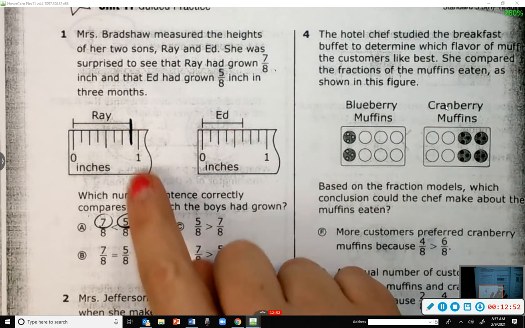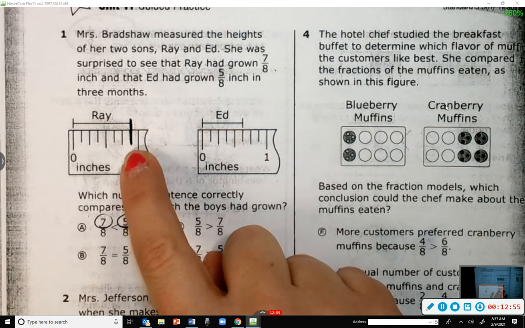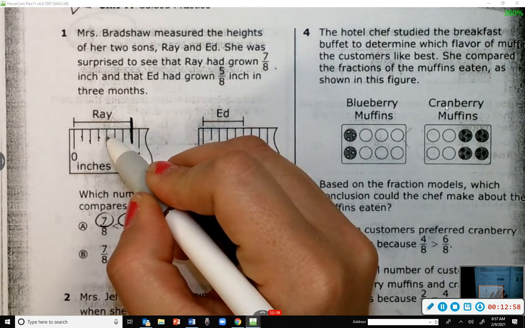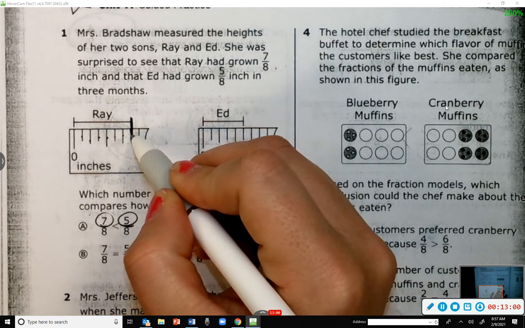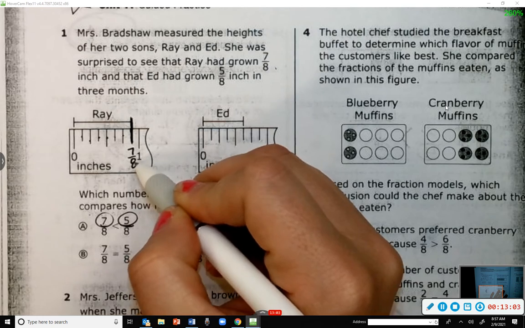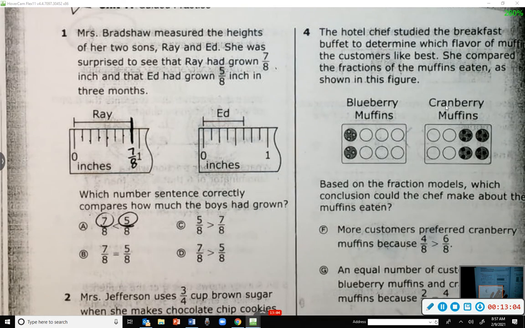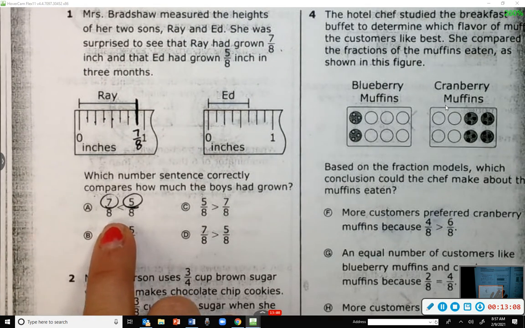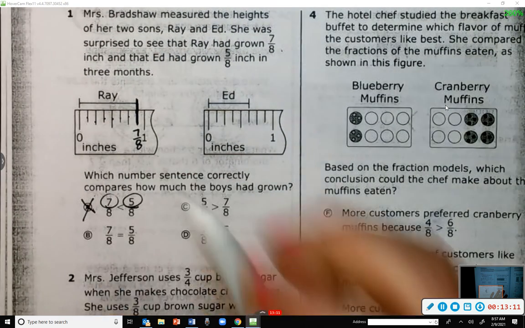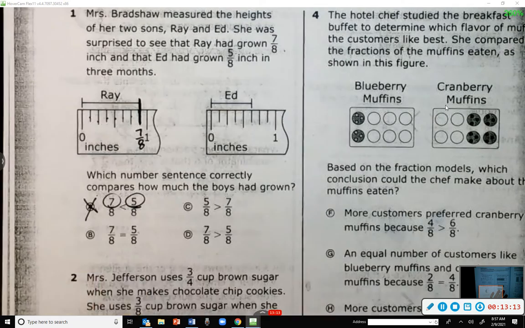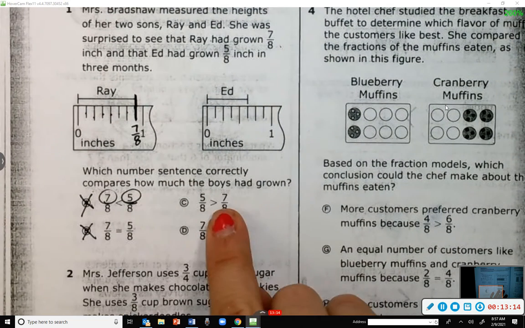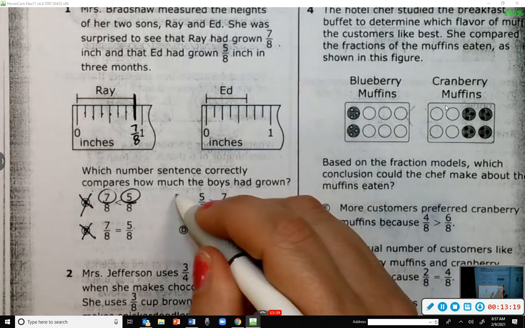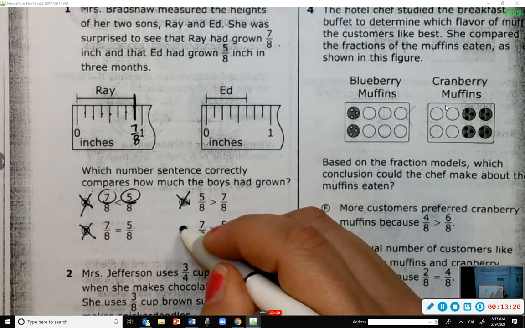This one's closer to 1, so it has to be bigger. So this is 1, 2, 3, 4, 5, 6, 7 eighths. 7/8 is greater. So is A correct? No. B? No. C? No. And D? Yes. 7/8 is greater than 5/8.